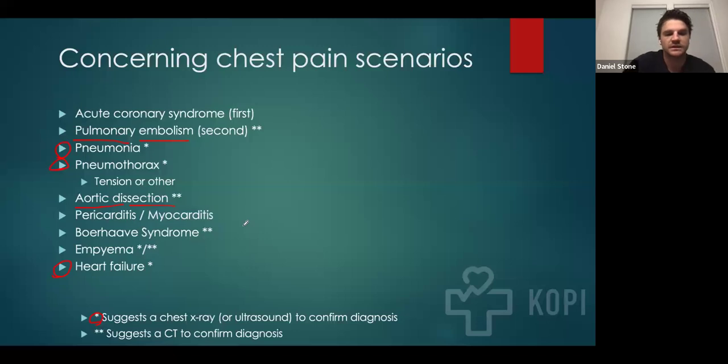Now, all of these individuals are treated individually, and we're not necessarily going to go into treatment and management of these conditions, but diagnosis is certainly the first step in terms of trying to care for these patients. So we're going to talk a little bit about how to confirm the diagnosis and what actually goes into it.